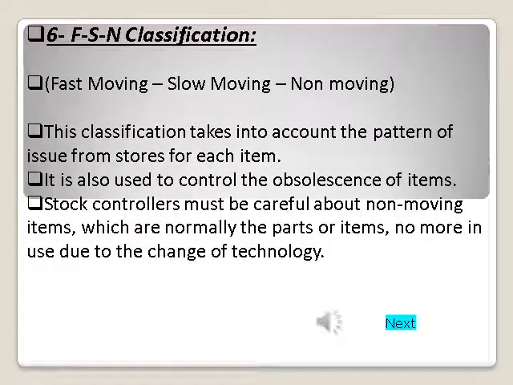The FSN classification talks about fast-moving, slow-moving, and non-moving items. It talks about how fast a particular item is being issued.